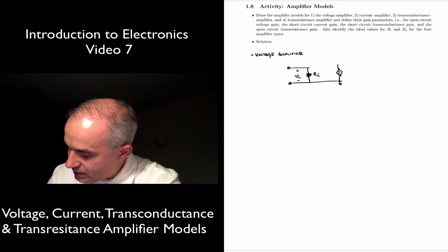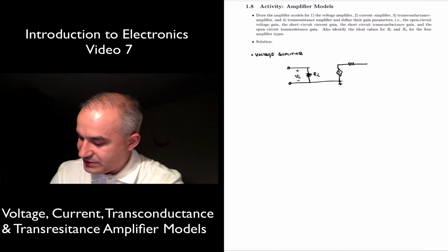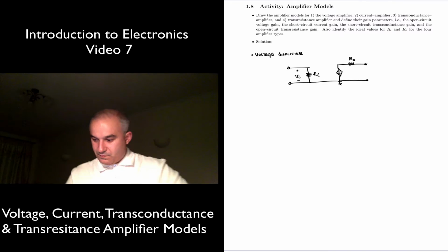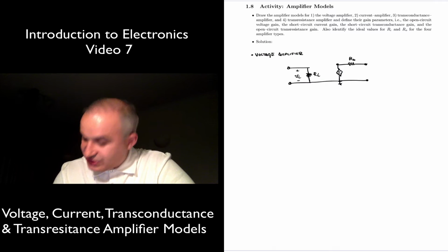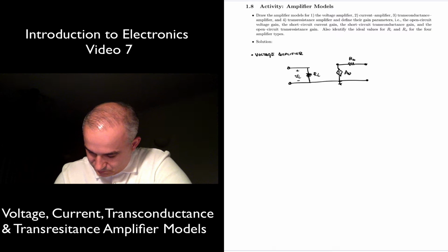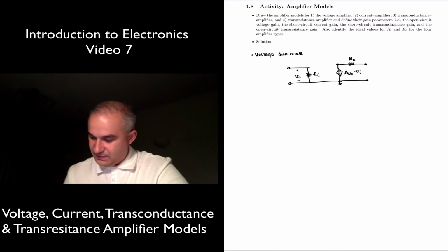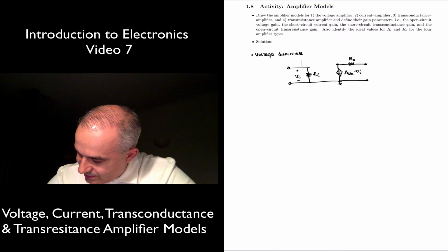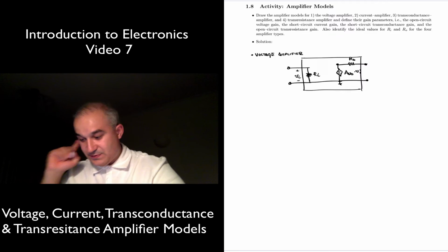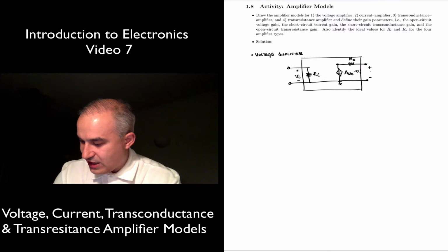This is ground, connected to the output resistance or the output impedance. And the voltage that we get across this voltage controlled voltage source is AV, or AVO, open circuit if you want to call it, times the voltage at the input. So the amplifier is this part. We sense an input voltage, we amplify it, and we produce an output voltage.